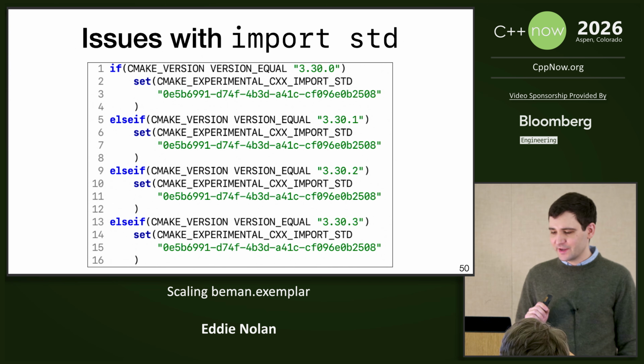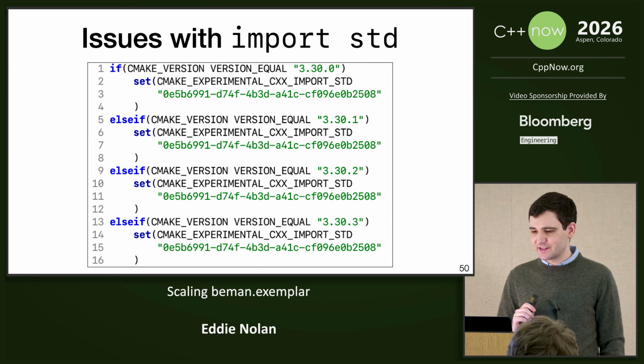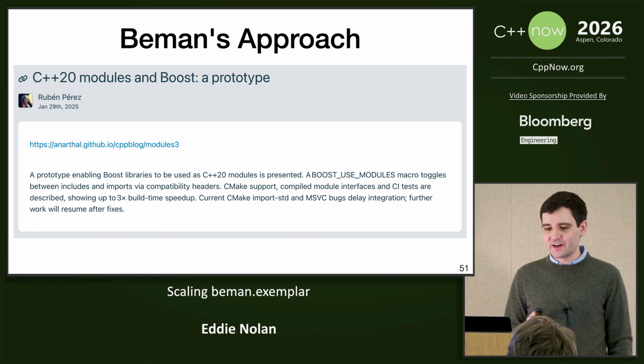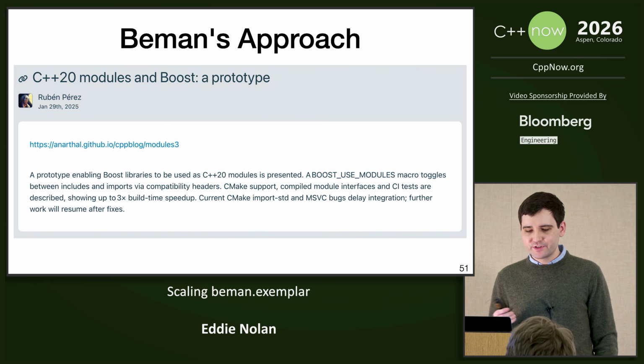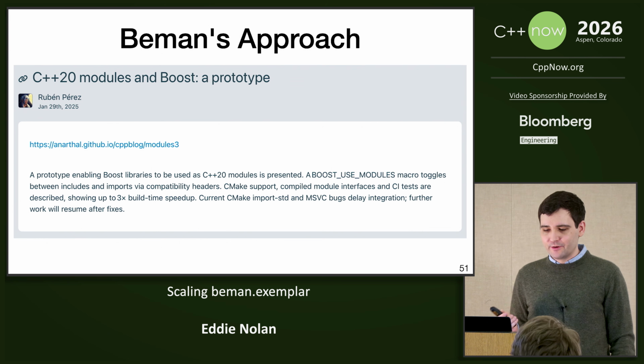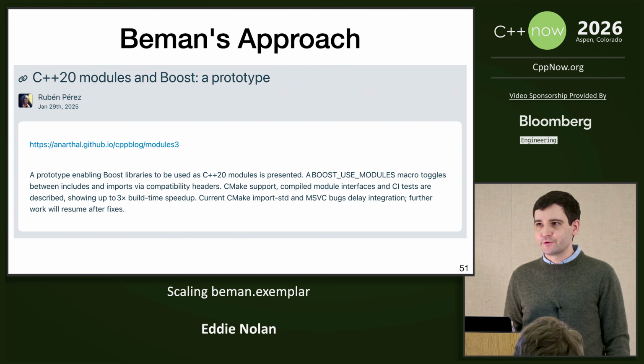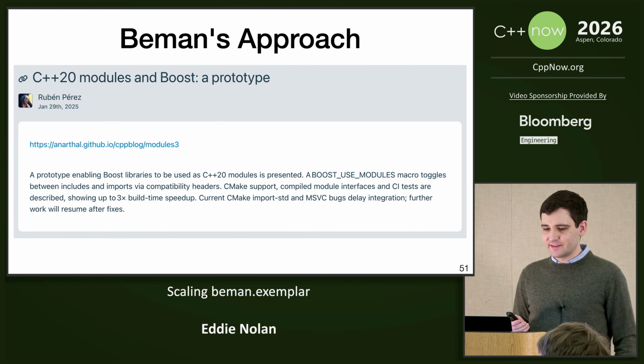So how do we get our actual C++ to support modules? We're going to adopt this approach that this Boost developer, Ruben Perez, was putting together for Boost. And the way it works is essentially this.